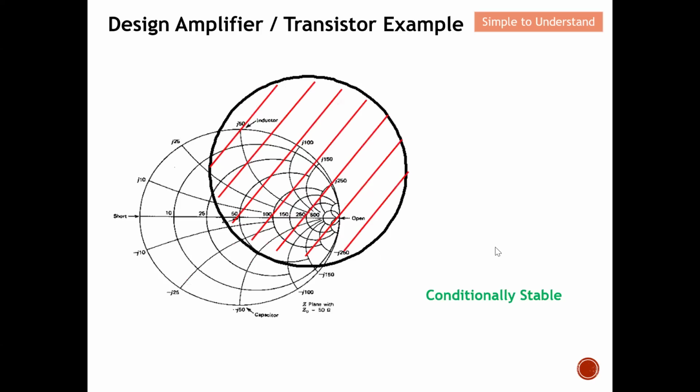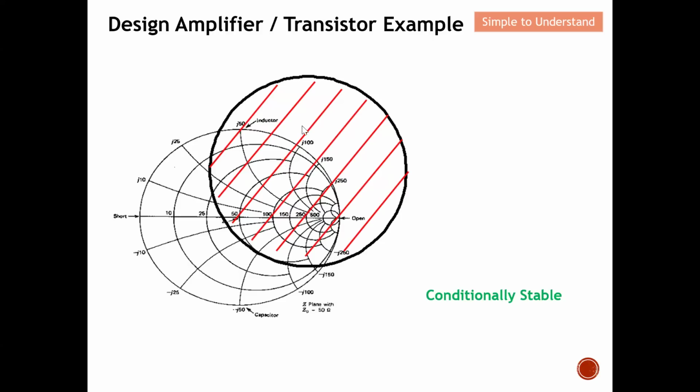Third case here. The third case is slightly different. You can see that this part can be the input or output reflection coefficient again. At the center of the Smith chart, they are always stable. So from here you can see that this part is always stable.